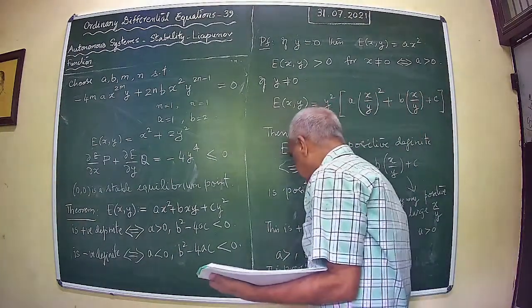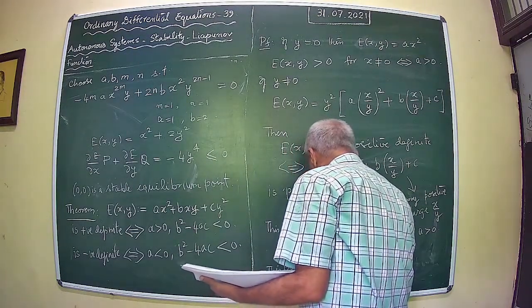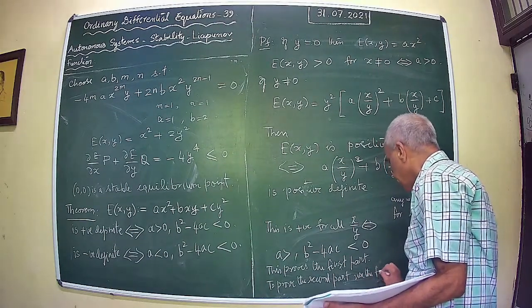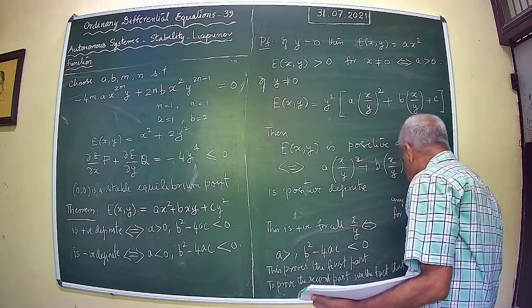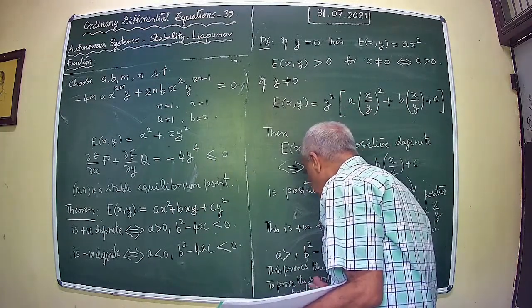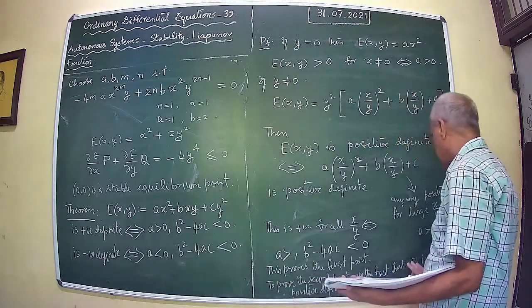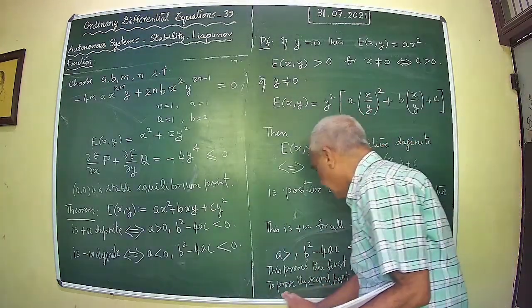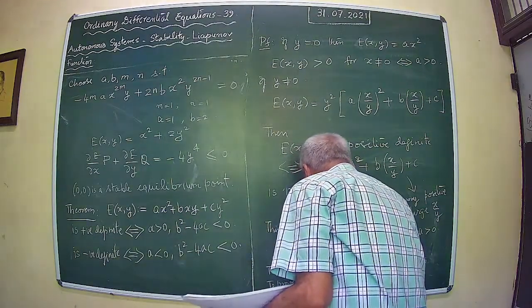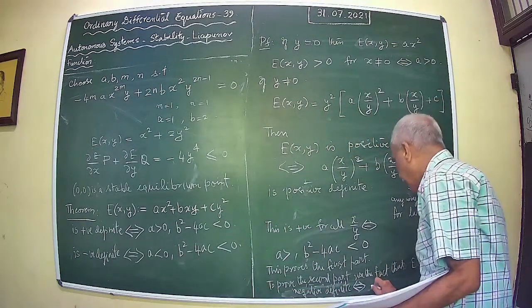Now, to prove the second part, use the fact that E is negative definite if and only if minus E is positive definite.